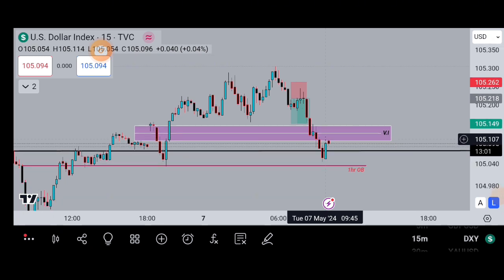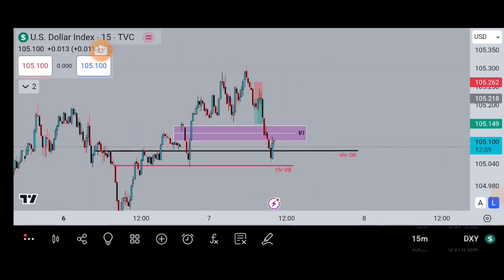So back to what I told you, how I do choose between the GBP and the Euro USD, because if for now on the DXY I'm looking for buying opportunities, then definitely for the Euro and the GBP I should be selling.